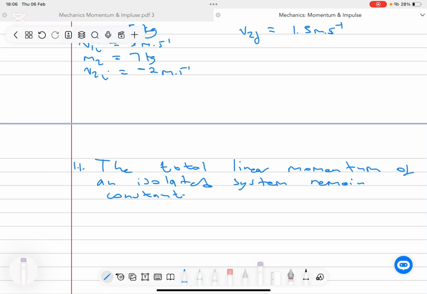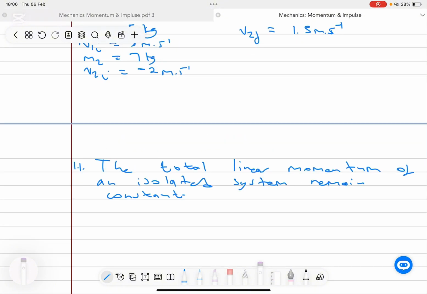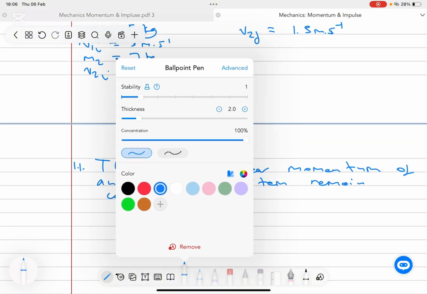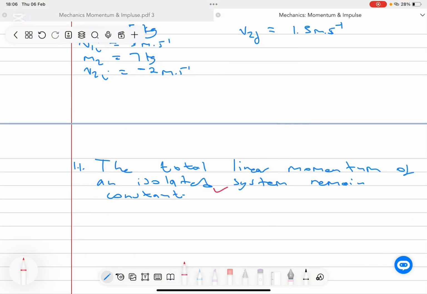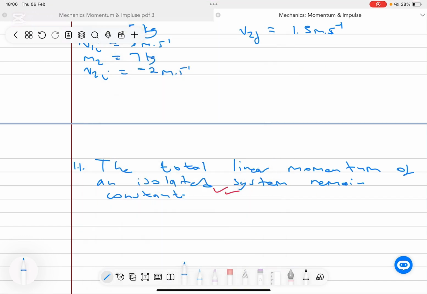This is exactly what we classified this problem to be, because we saw that we have an isolated system because there's no friction. They said we should ignore friction, and therefore it means our total linear momentum in this system would be a constant. We expected that sort of question. Now, they're going to give you 2 marks, which means you need to spend a maximum of 2 minutes on this question.